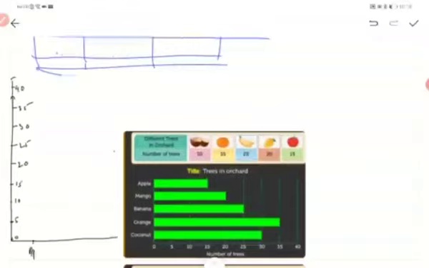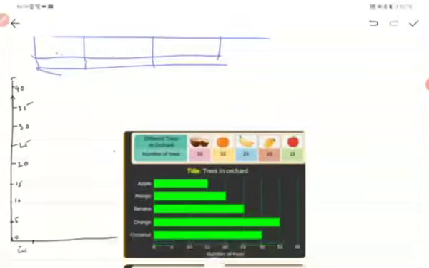First of all, let's draw for coconut. So if I take this point for coconut, you can draw a single line or a thick line as a bar. Okay, so coconut there are 30, right? So my bar will come till 30. So let me take a thick line.